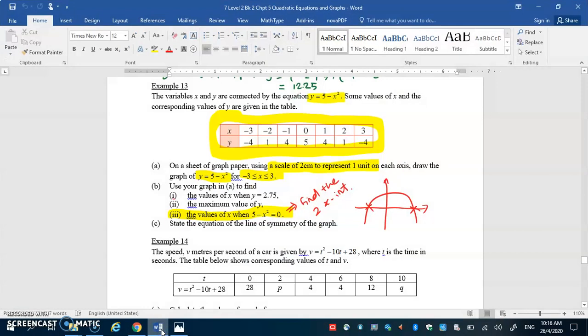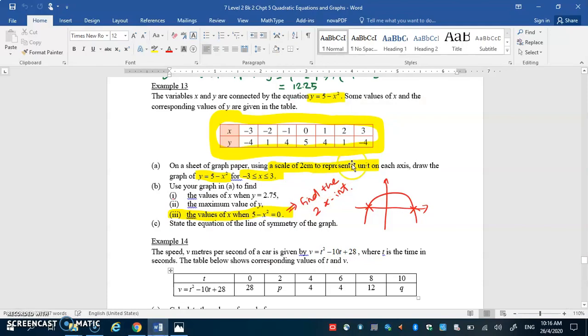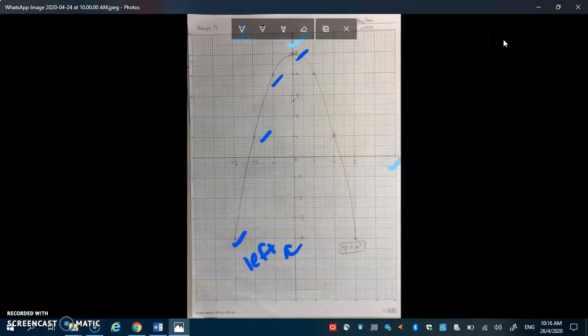And then the third point will be -1, 4, and then 0, 5. So -1, 4, 0, 5 is over here. And then you have 1, 4, 2, 1, and 3, -4.